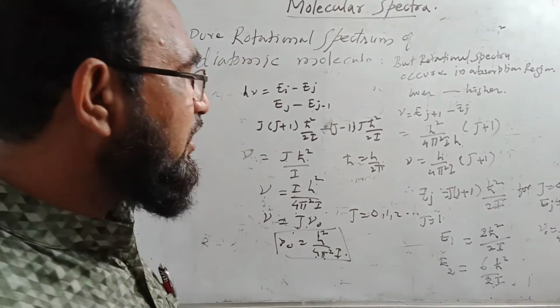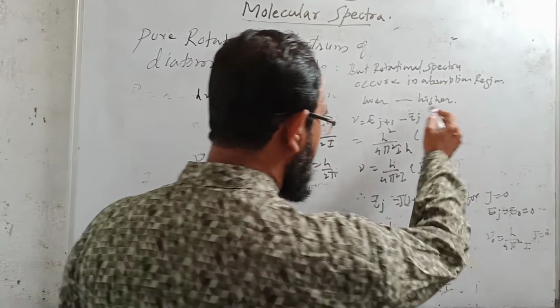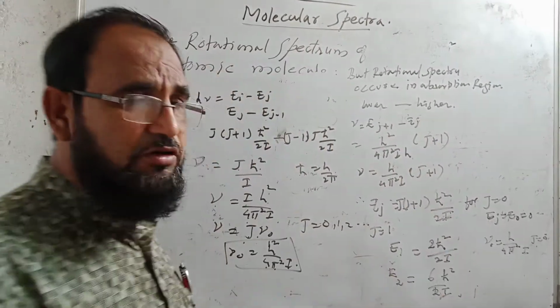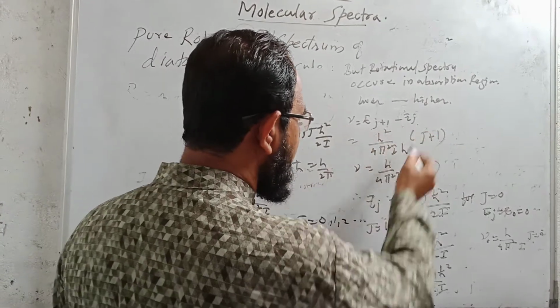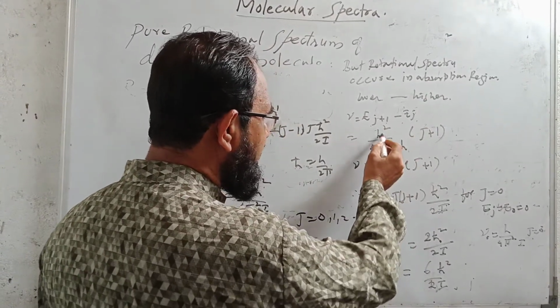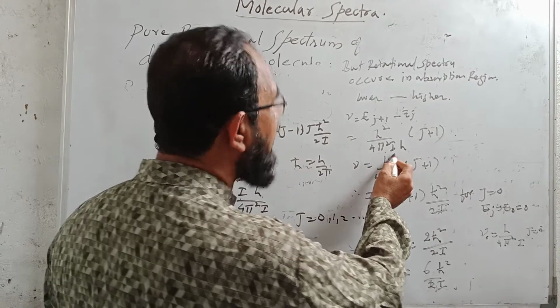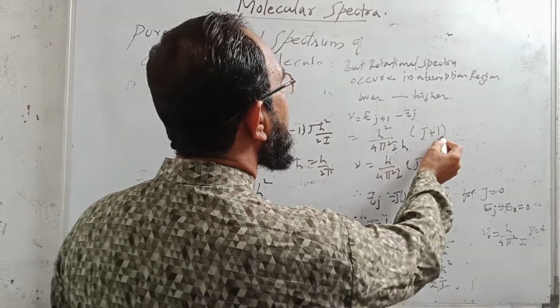But the rotational spectra occur in the absorption region, that is, from a lower to a higher energy state, Ej plus 1 minus Ej. So the frequency is h upon 2 pi, over 4 pi square I, into j plus 1.